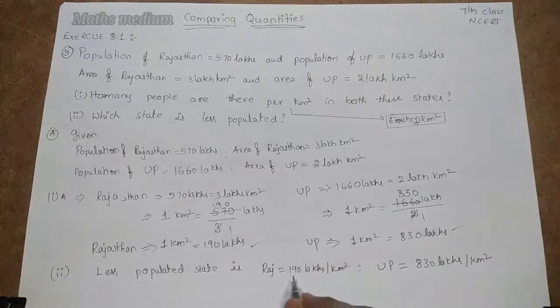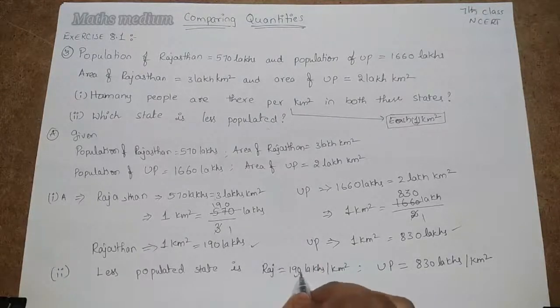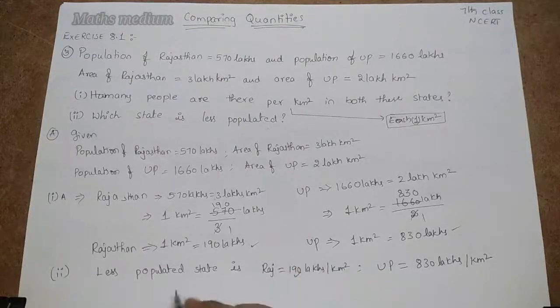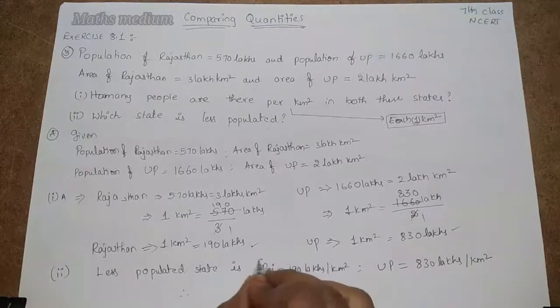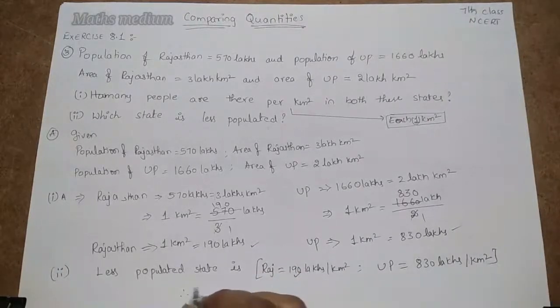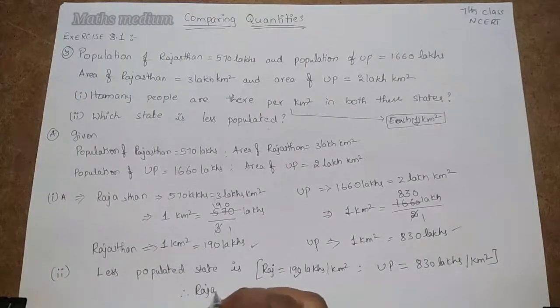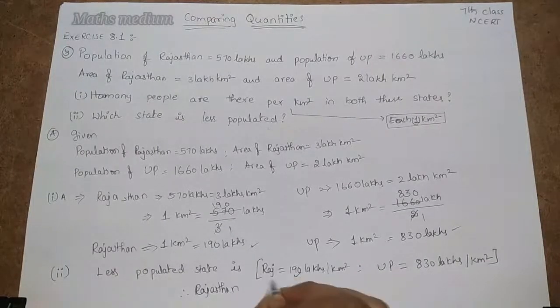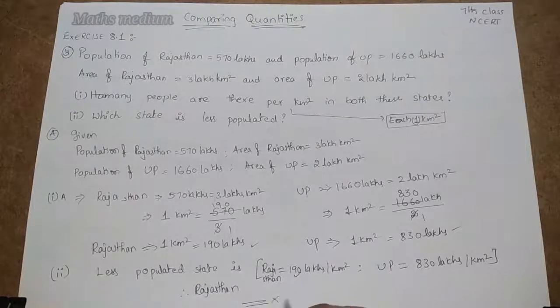Now see, if you compare these two, 190 is the less populated area, therefore the less populated state is Rajasthan. Here also Rajasthan. So this is about this question.